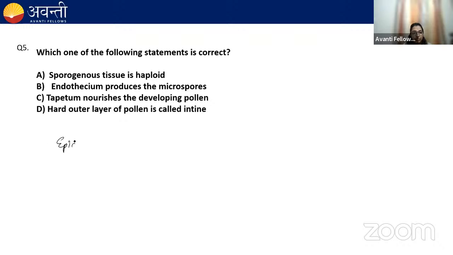Outer is the epidermis. After the epidermis, there's the endothecium, and this endothecium has radial thickening. Inner to the endothecium are the middle layers, and then the tapetum.